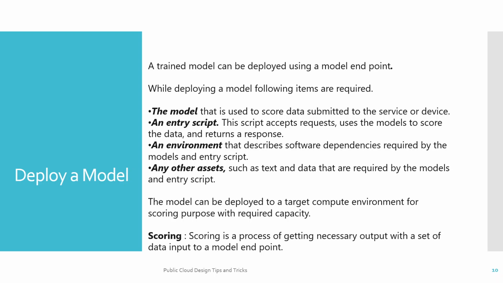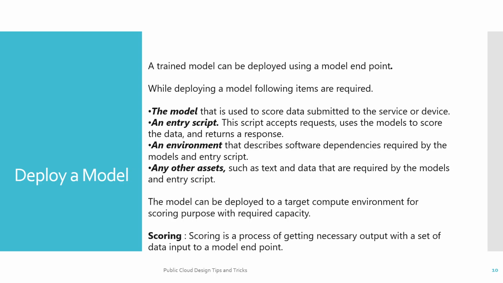Environment we have already discussed; it describes the software dependencies required by the models and scripts, basically where you run the program. Then there are any other assets, such as text and data, that are required by the models and entry script. These are the four fundamental things you need when you deploy a model.